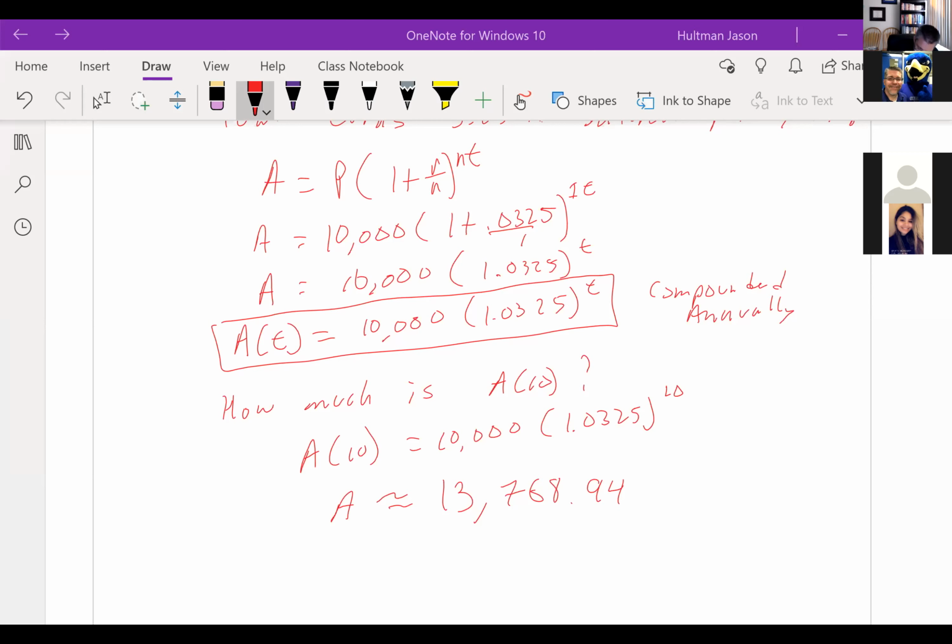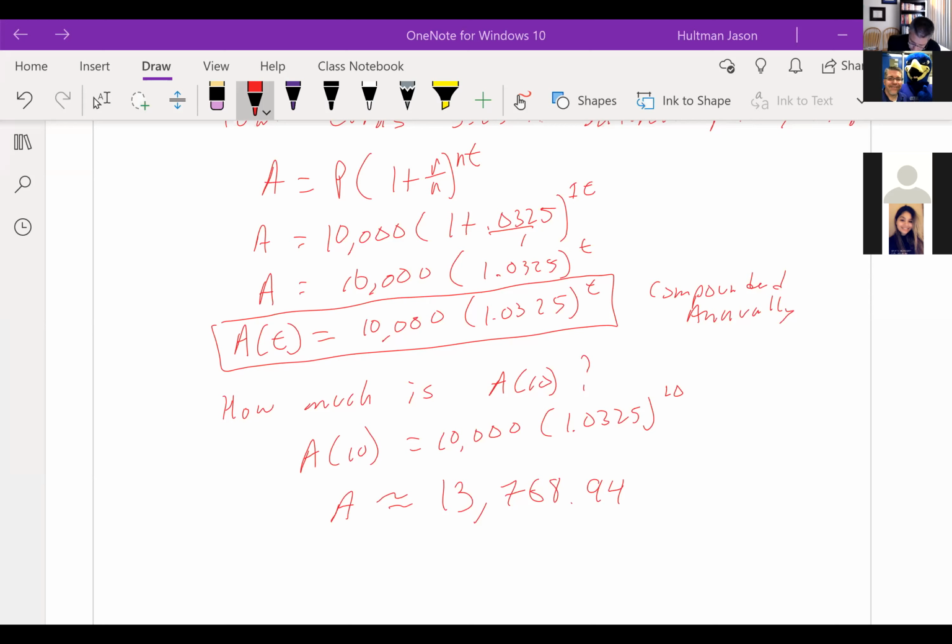Oh, what do I do here? I need to do the times. I didn't do the times. Okay, 10,000 times 1.0325 raised to the 10th power. Yeah, there we go, 13,768. Perfect, same thing.